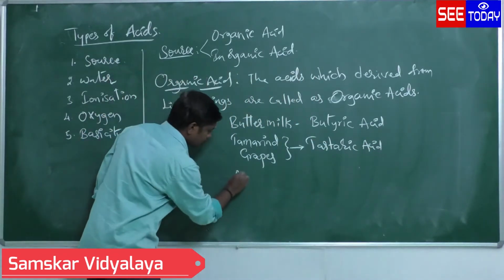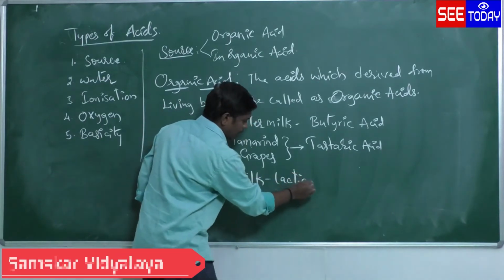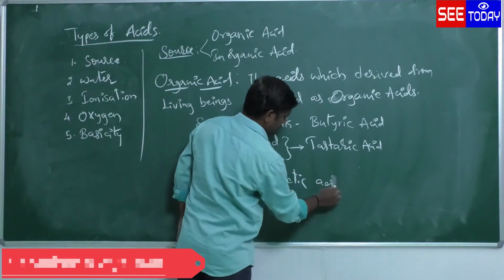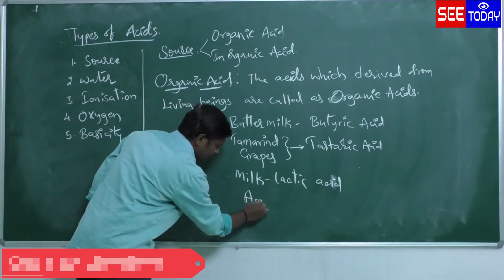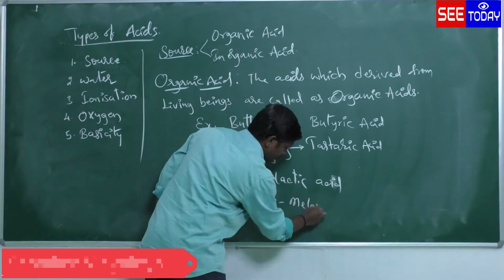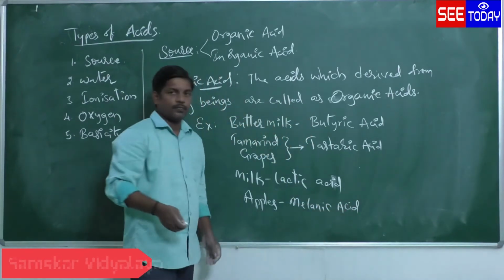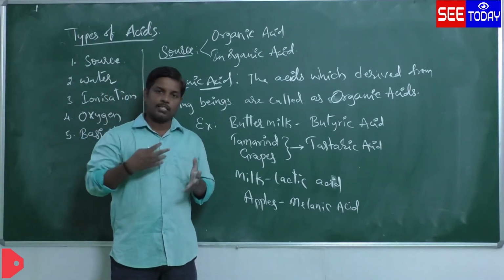Similarly from milk we will get lactic acid. Similarly from apples, malonic acid. And similarly from tomatoes we can get oxalic acid. From citrus fruits we can get citric acid.